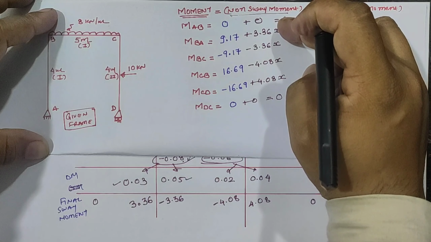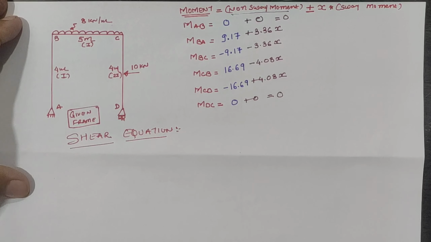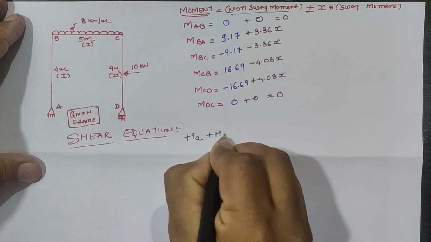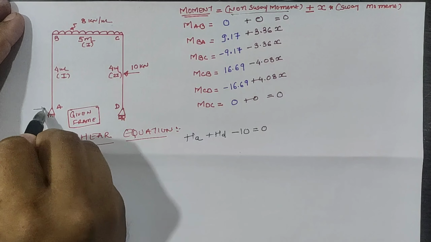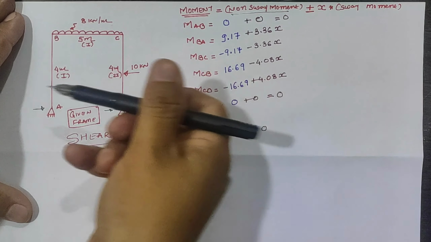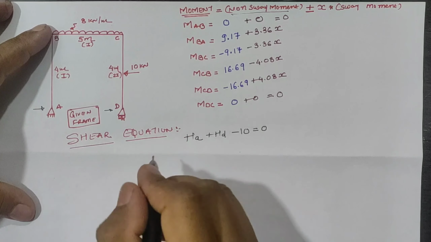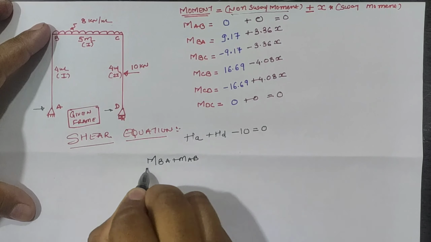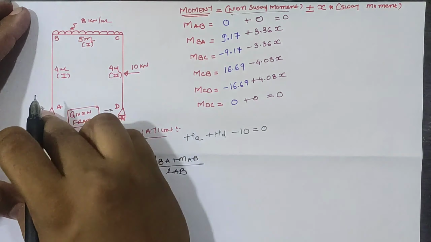Now we have to calculate the value of x by using the shear equation. Now our shear equation is HA plus HD minus 10, which is equal to 0. So assuming that HA and HD are in the left to right direction while the 10 kilonewton is given in the negative direction, HA plus HD minus 10 equals 0, where HA can be calculated by the equation MBA plus MAB divided by LAB, as there isn't any load given in the span AB.